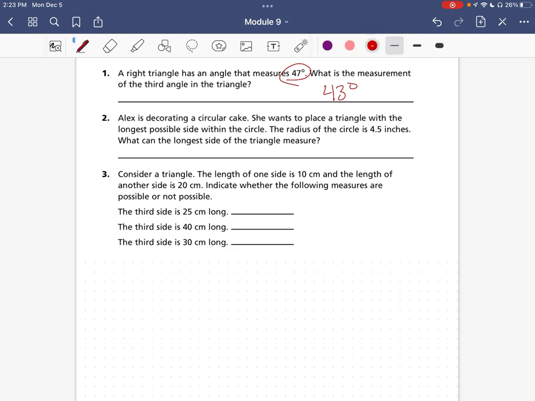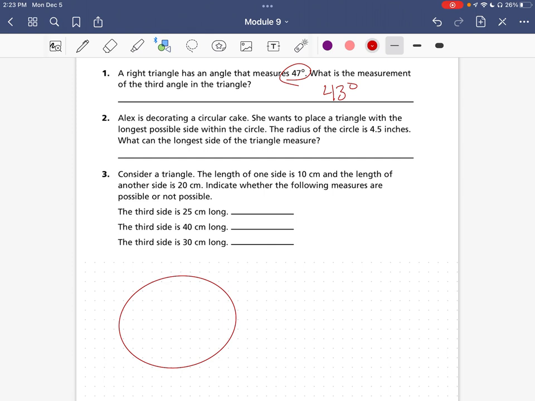Alex is decorating a circular cake. She wants to place a triangle with the longest possible side within the circle. The radius of the circle is 4.5 inches. What is the longest side of the triangle measure? So with these, let's draw our circle. Let's figure out what we know.